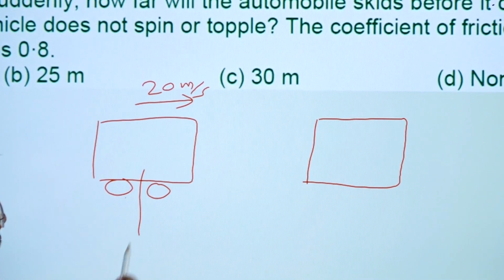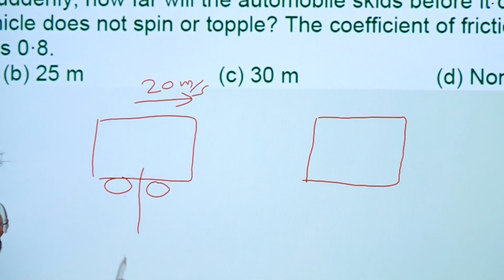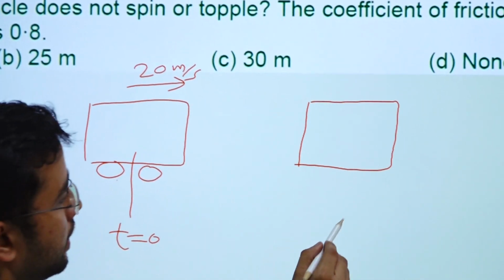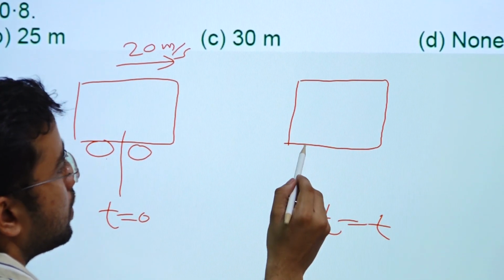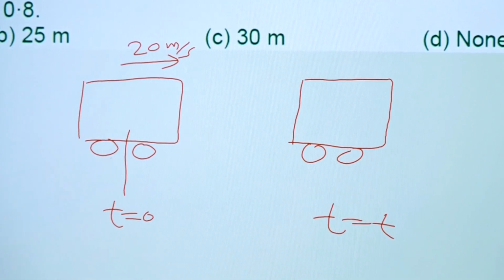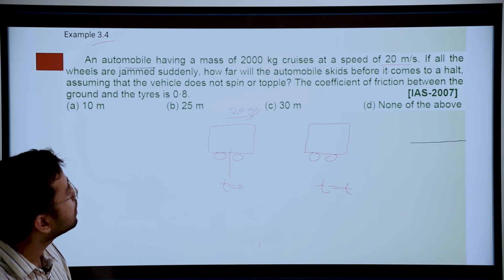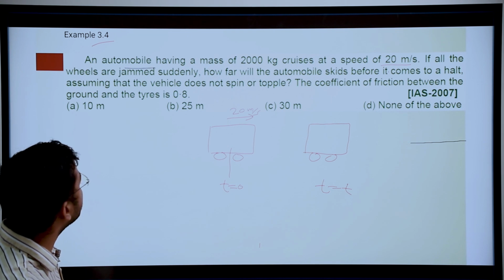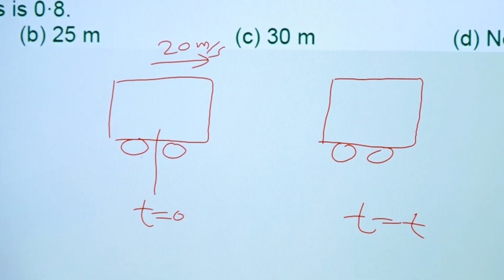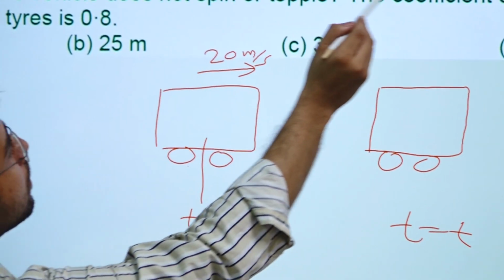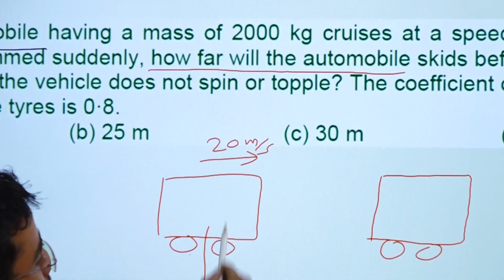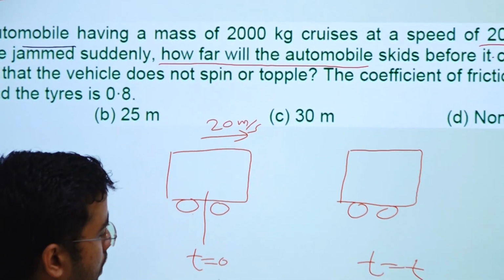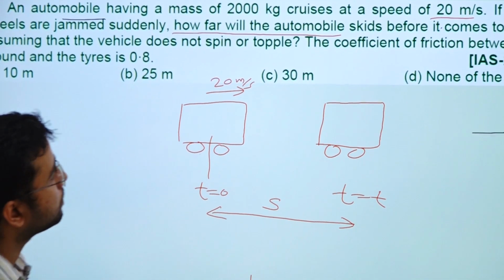We started applying the brake at t equal to 0, and at t equal to t this automobile will be stopped. The coefficient of friction between the ground and the tire is 0.8. We have to find how far the automobile skids, this distance from here to here.